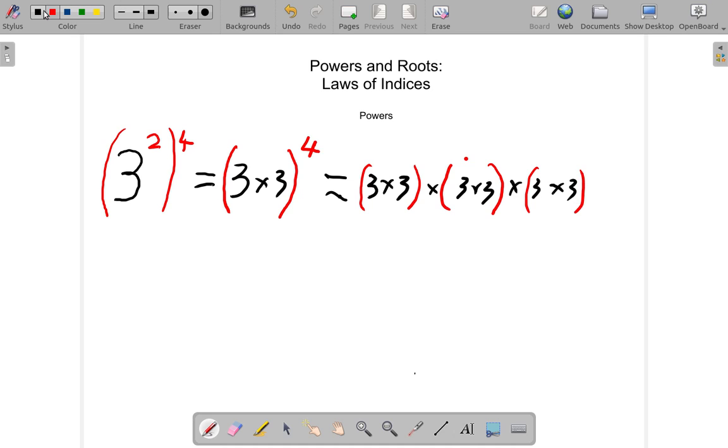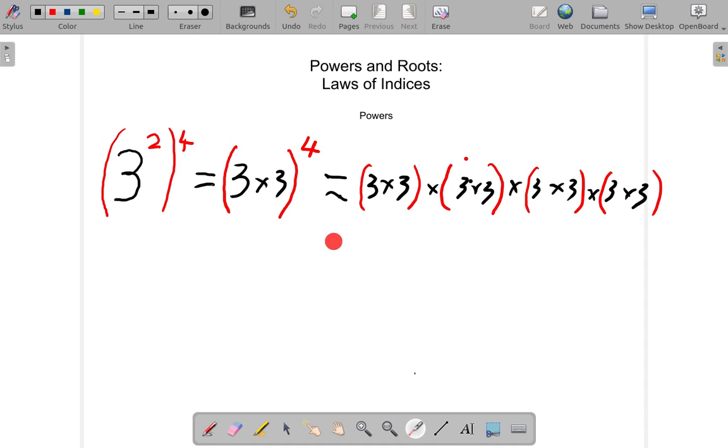So that is the third one, multiplied by 3 by 3, which is the fourth one. You see all of that, alright? So you have 1 3 by 3, 2 3 by 3, 3 3 by 3, 4 3 by 3. It means 3 by 3 to the power of 4, because you have 3 by 3 4 times and they all multiply.